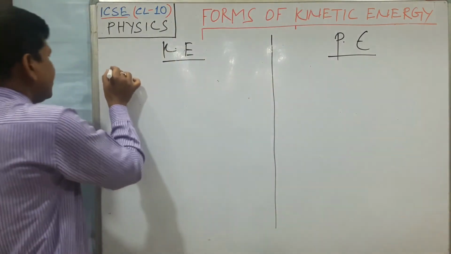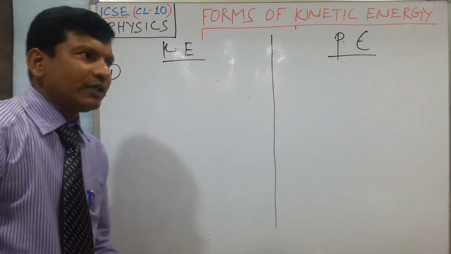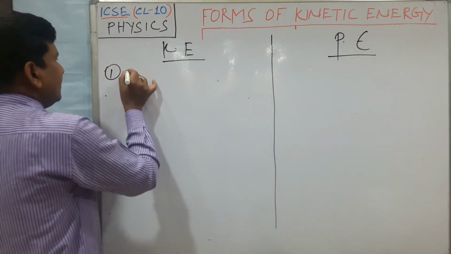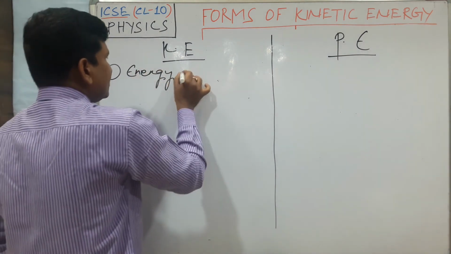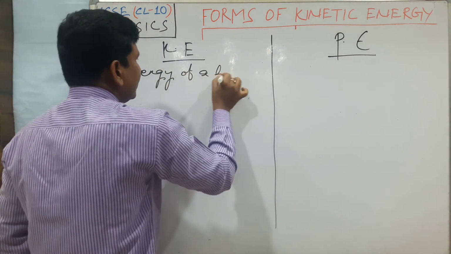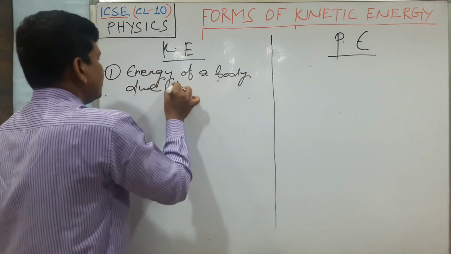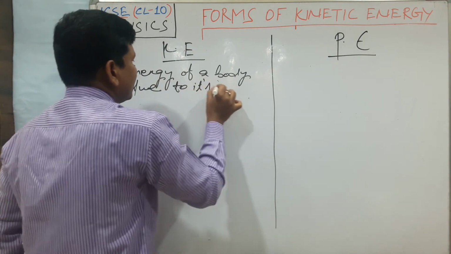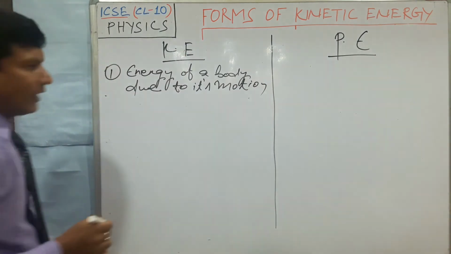Now what is kinetic energy? The energy of a body due to its motion is known as the kinetic energy. So you may note it down: energy of a body due to its motion, that is known as your kinetic energy.